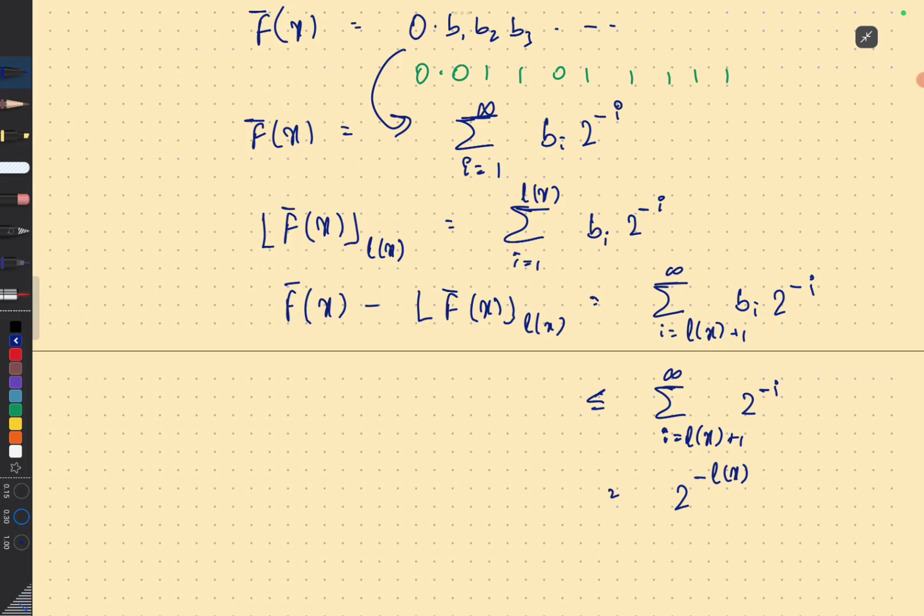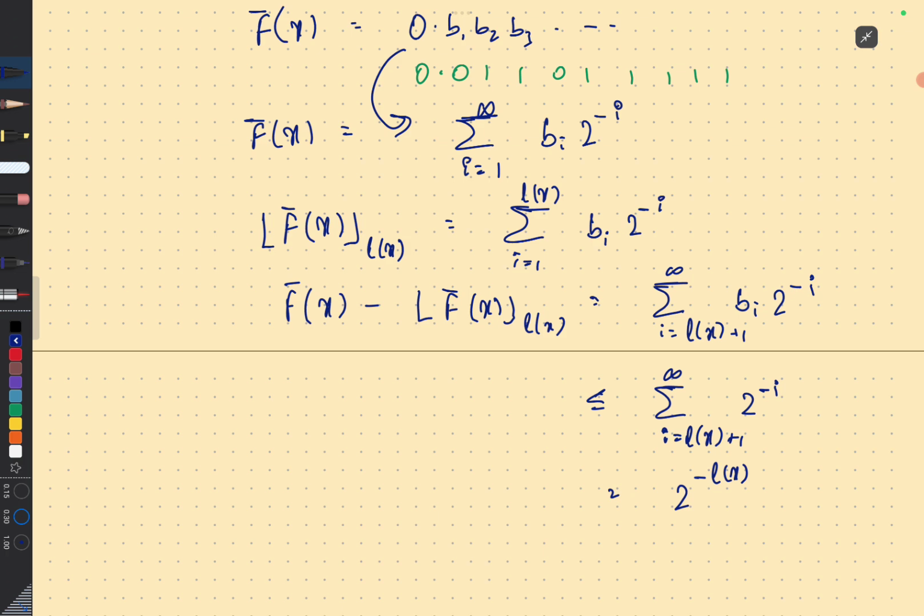Let me take 8 bits in the binary representation. All right, so this gives some sequence, right? For each symbol in the alphabet, I'm computing a binary sequence using this particular approach.